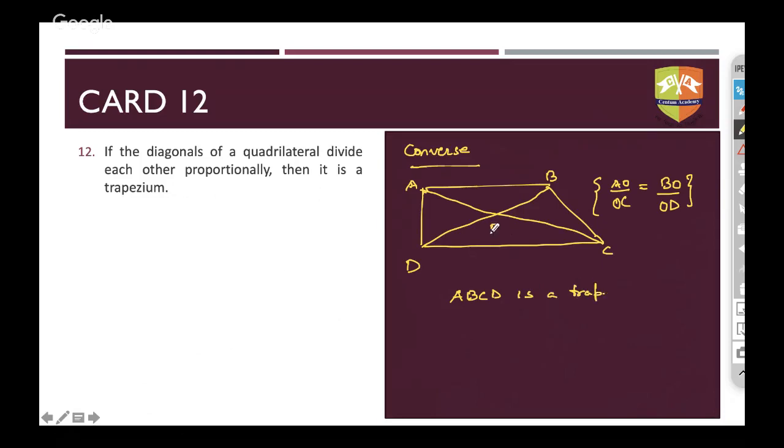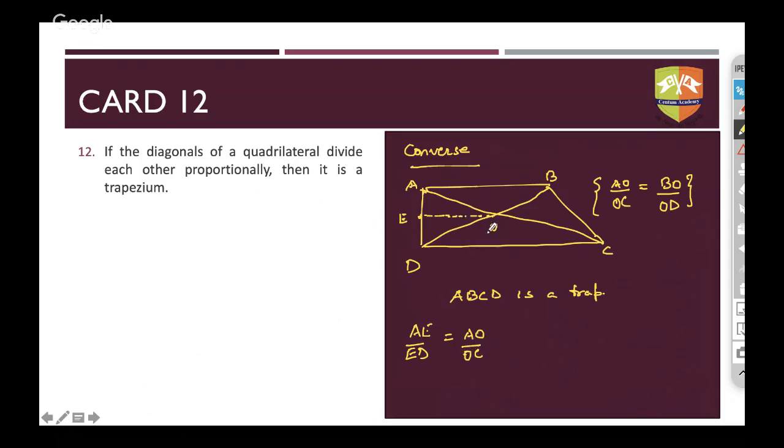So how to do that? Let us say that we draw a line parallel to... you find a point E on AD such that AE by ED is equal to AO by OC.